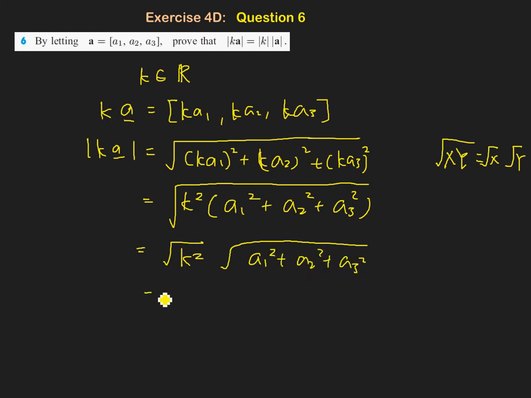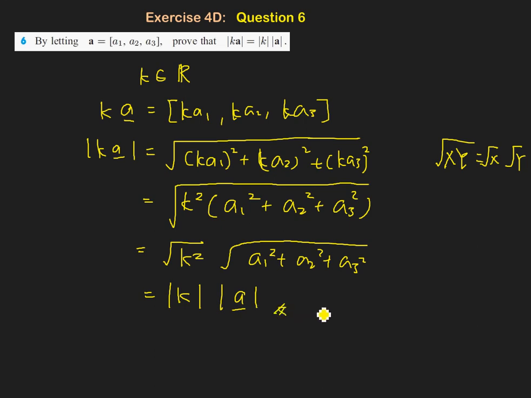But this would be equal to k, however by definition this is actually a positive value of k, so we put it in absolute value, and this by definition is the modulus of the vector A, so proven.